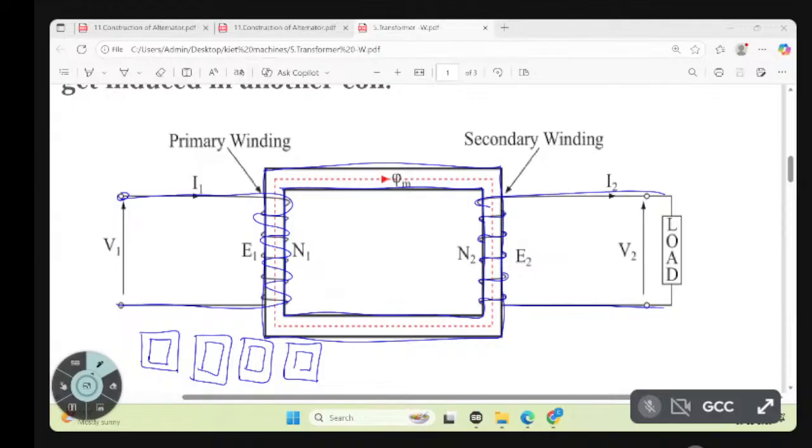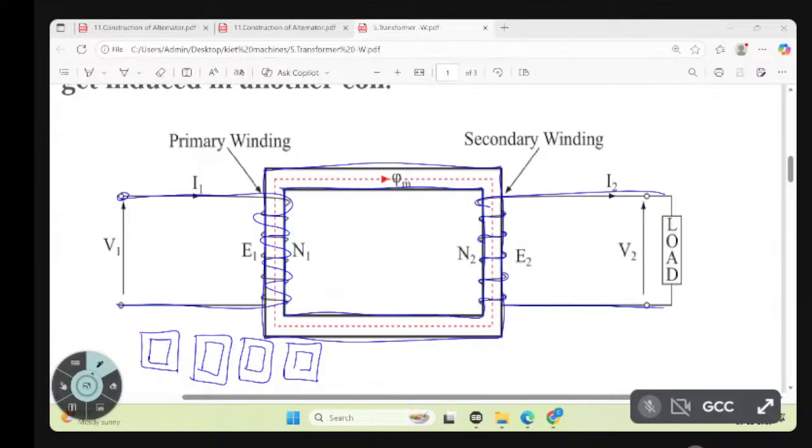So what is meant by the principle of mutual induction? Transformer works with Faraday's laws of mutual induction. What is meant by mutual induction? I will tell. So this is about transformer. So simple. What is happening?